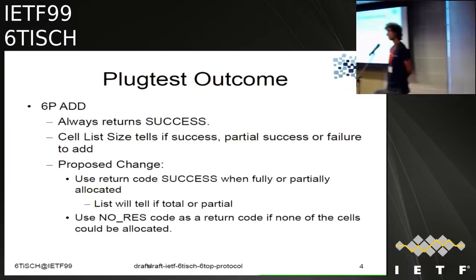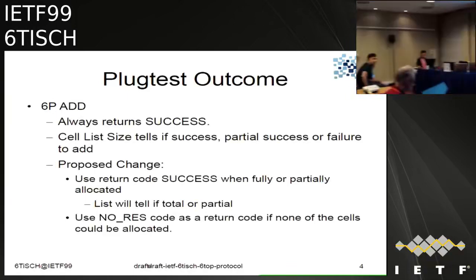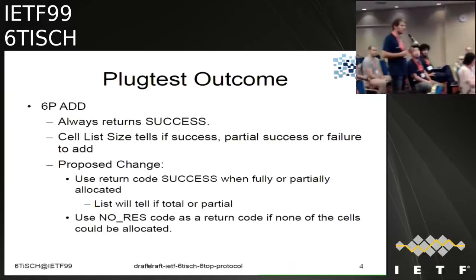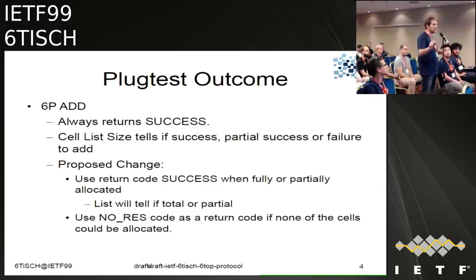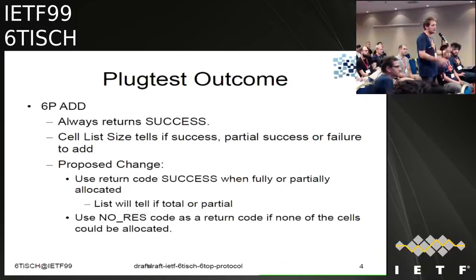Thomas: If we add an extra return code for saying none of those cells in your cell list satisfies us, we might as well add another return code for saying partial, because I think the proposal of no res is to be able to reuse return codes, so we might as well make some specific return codes.